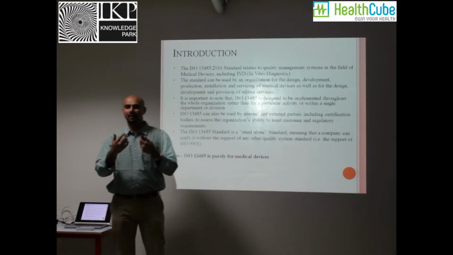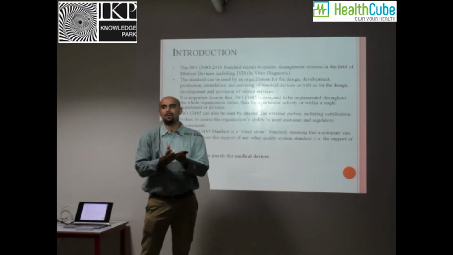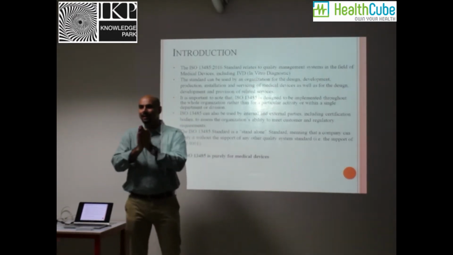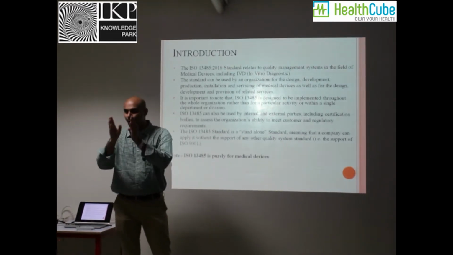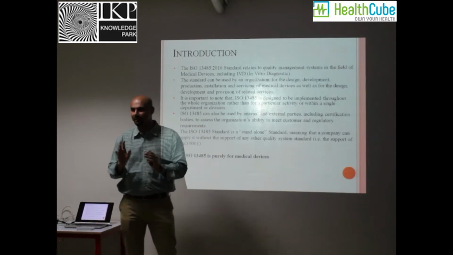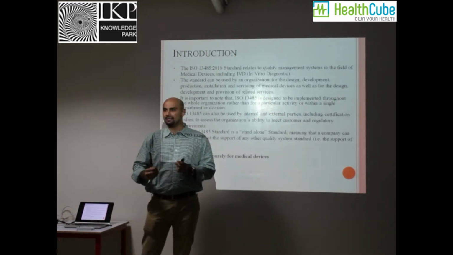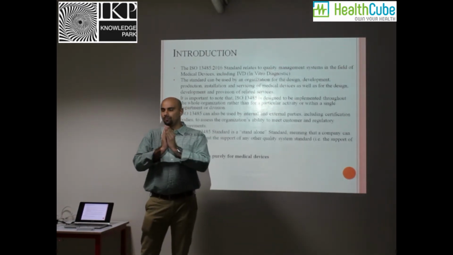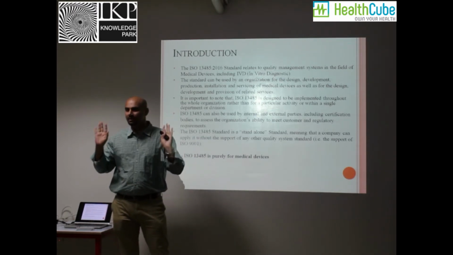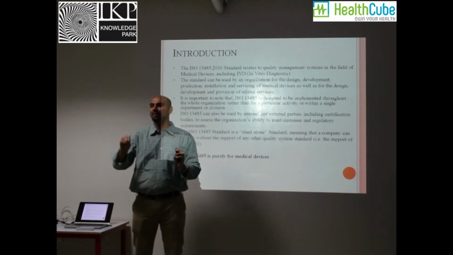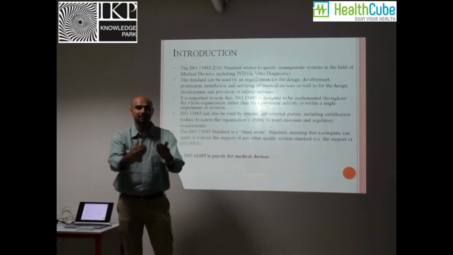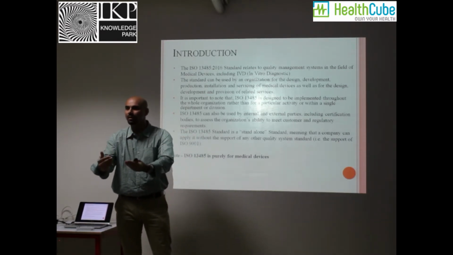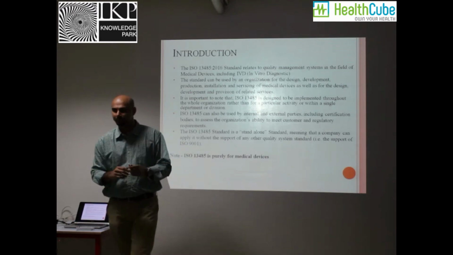So many times when a company gets certified to 13485, they might be making 2 or 3 products, and they try to choose which product will be 13485. No, that's not what it is. It's an organization level certification. That means when a particular company gets certified to 13485, what they're trying to say is, my organization is certified to 13485. Whatever happens in my organization will be as per 13485. That's the message, in the simplest way, that you are giving to the outside world.